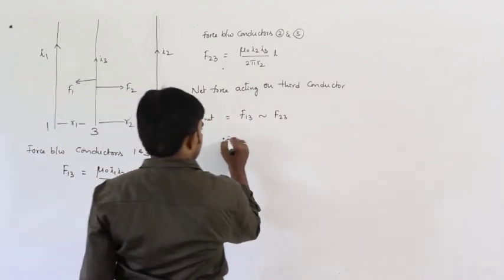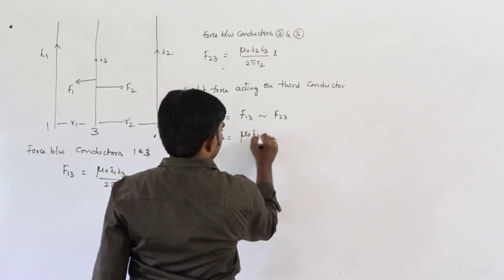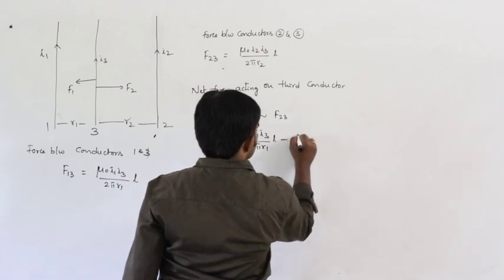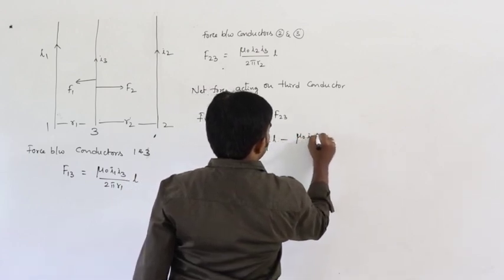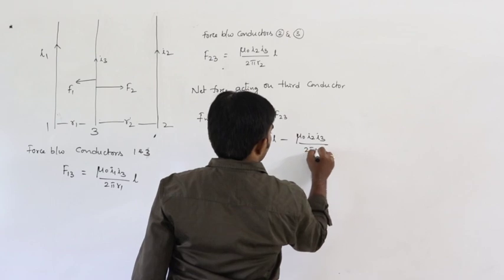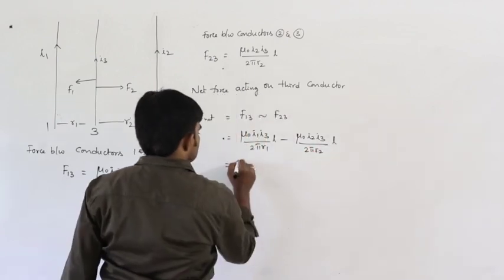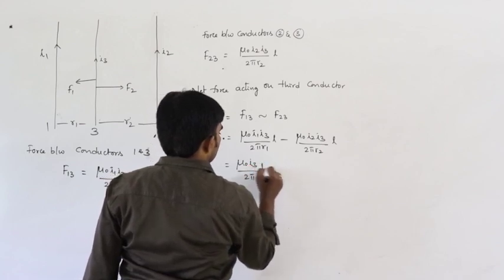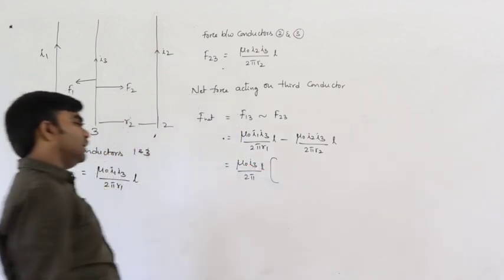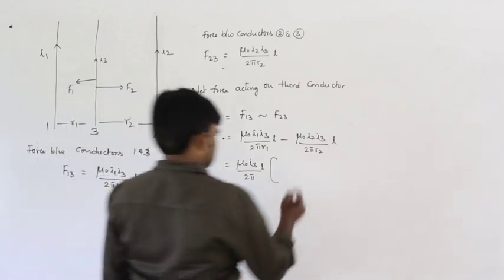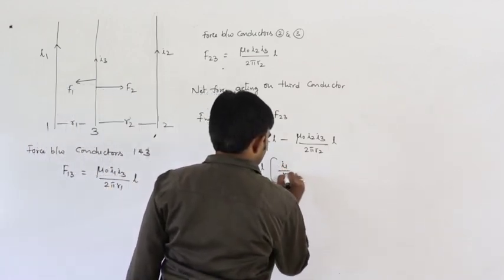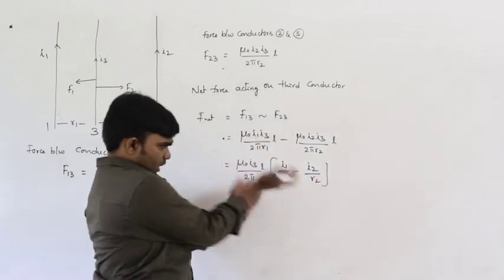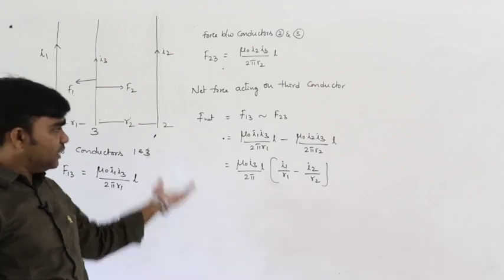So we can write it as mu naught I1 I3 by 2 pi R1 into L, minus mu naught I2 I3 by 2 pi R2 into L. Taking mu naught I3 L by 2 pi common, we can write it as I1 by R1 minus I2 by R2, or I2 by R2 minus I1 by R1, depending on the situation.